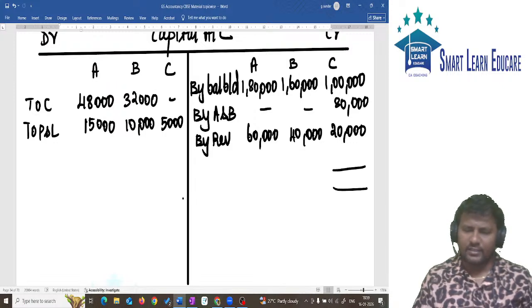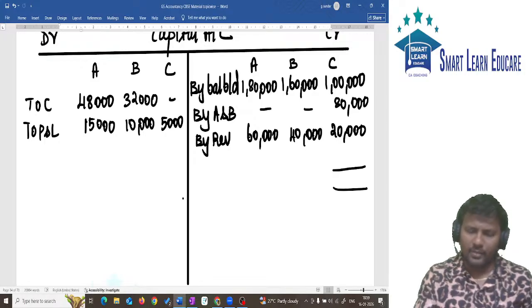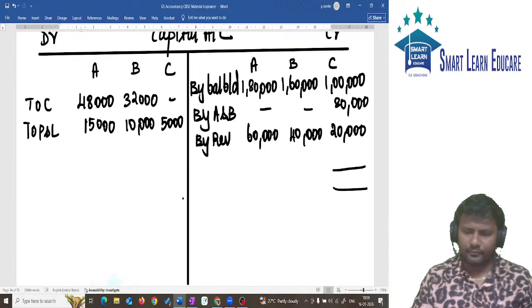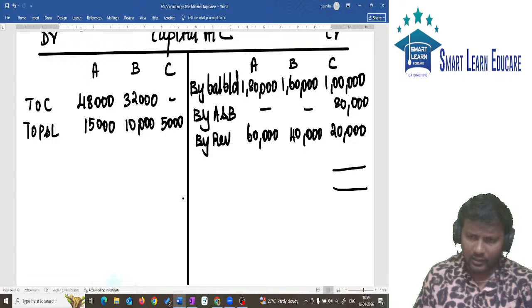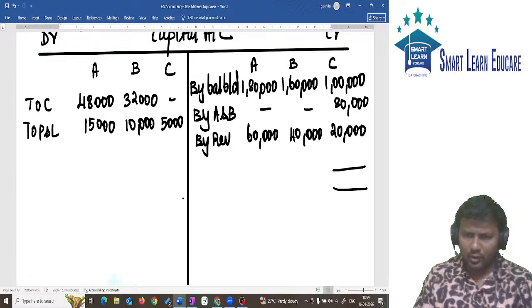What is the credit side total? 1 lakh, 80, 2 lakh.